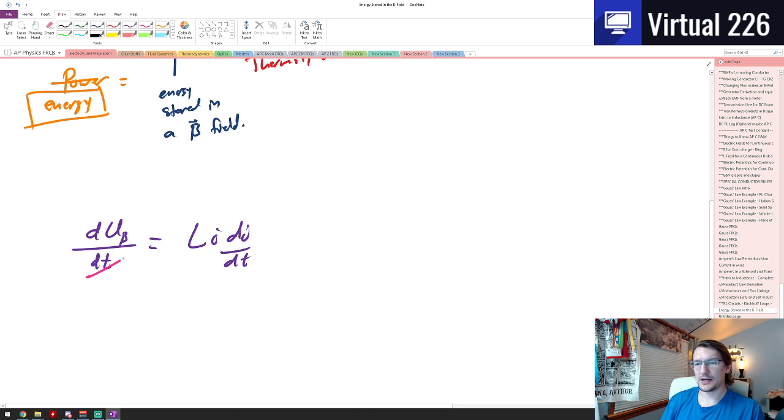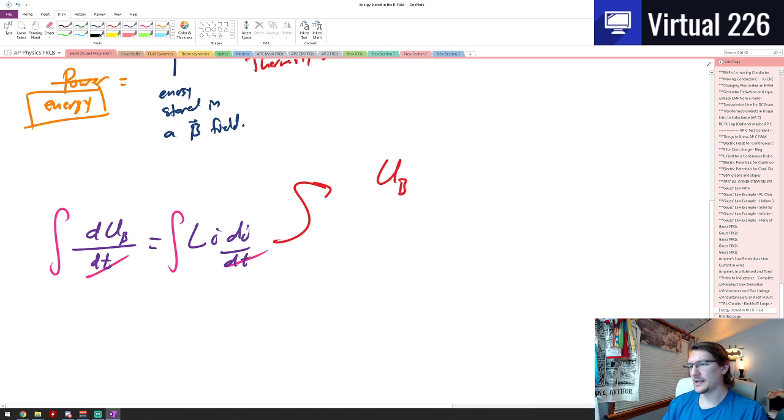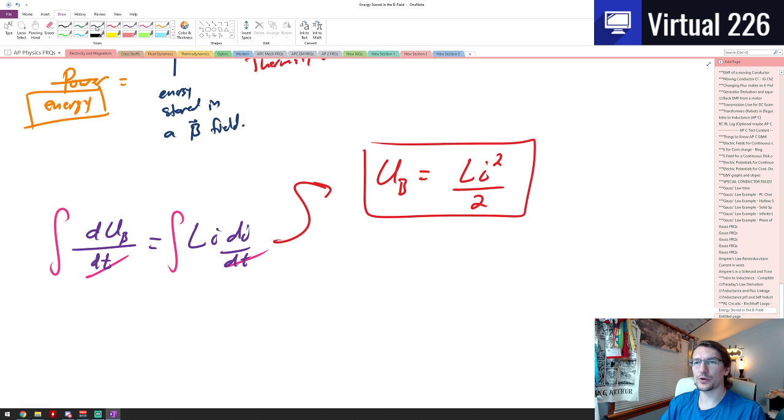If we notice the dt's are on both sides and we quickly take the integral, for a basic integral, we're going to find that the energy of the B field stored in that inductor is just going to be equal to L i squared over 2. That's our energy stored in a B field.